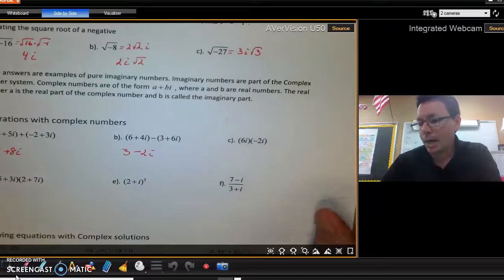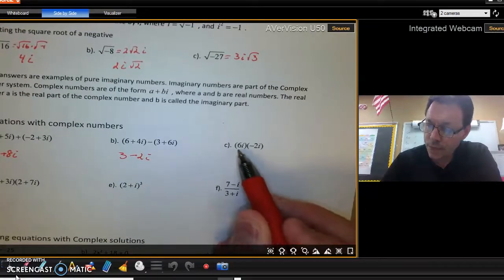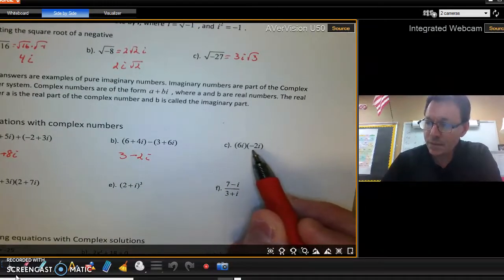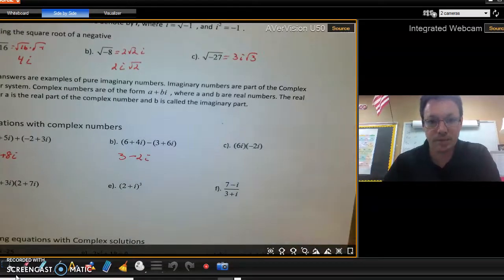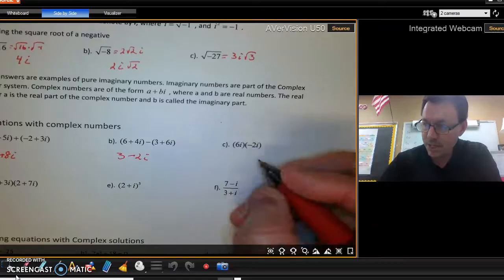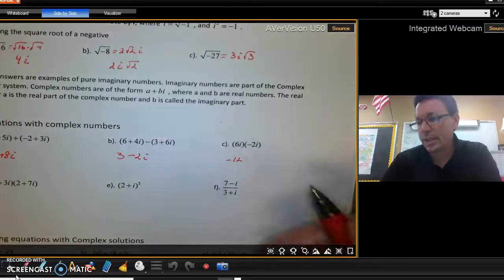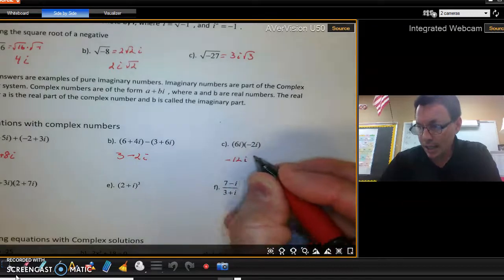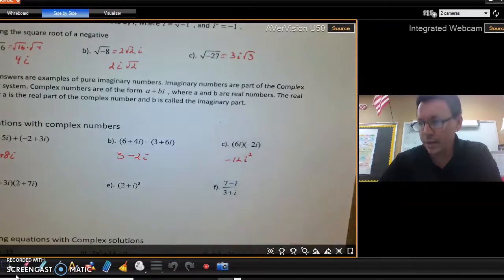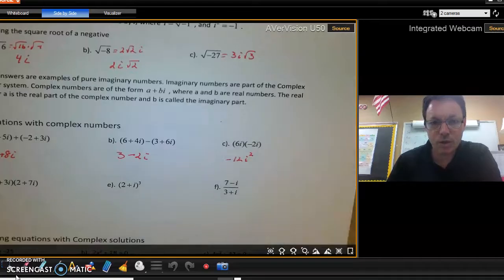Okay, how about multiplying? 6i times -2i. First, you think of the i as being like a variable. So if I'm taking 6 times -2, I'm going to get -12. If I'm taking i times i, I'm going to get i squared. But here's where a little trick comes in.